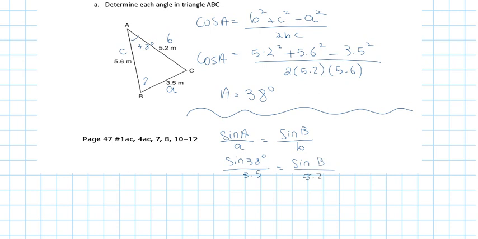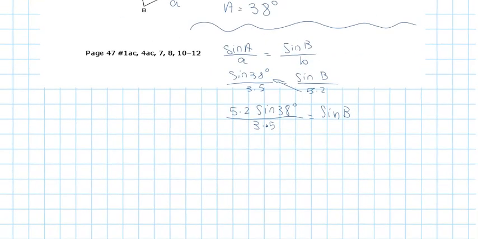You can cross multiply by multiplying the 5.2 by the sine 38 and then dividing by 3.5, and that gives you sine B. What do you need to do to find the angle? Inverse.